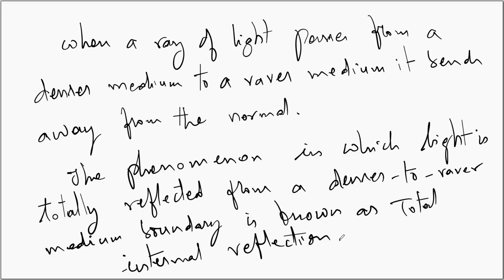In order to observe total internal reflection, you do not need a reflecting coating. The interface or the plane separating these two dielectrics is sufficient to produce total internal reflection.